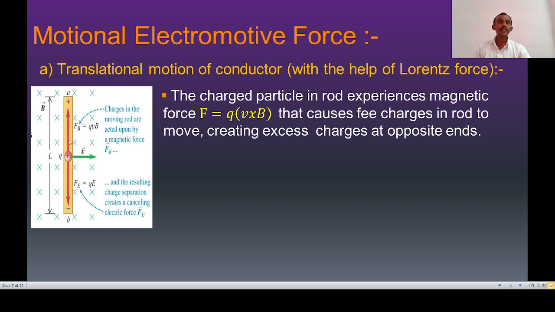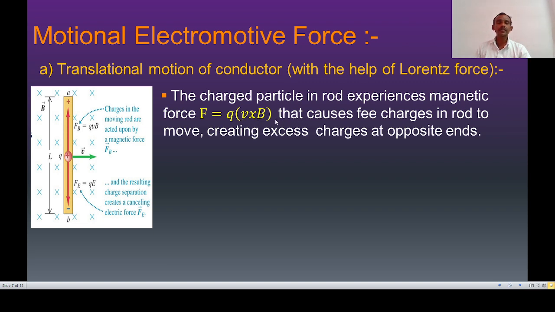That is, charges in the rod are acted on by the magnetic force, the Lorentz force, given by F bar is equal to Q into v bar cross B bar. The magnitude can be written as F is equal to Q v B sine theta, where theta is the angle between v bar and B bar.